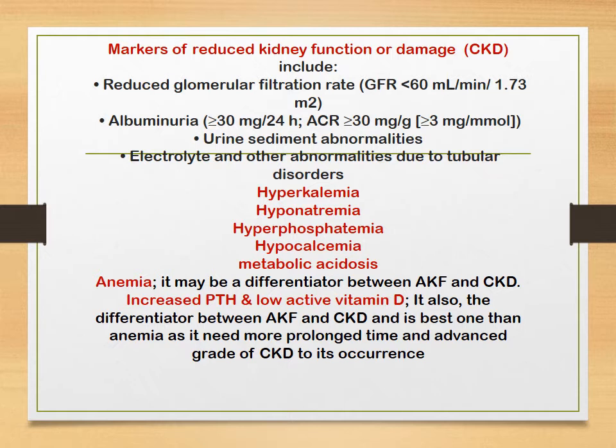Also, there is hyperphosphatemia and hypocalcemia due to the lack of response of the diseased renal tubules at the distal tubules to parathyroid hormone action and lack of the channel for reabsorption of calcium. So hyperkalemia, hyponatremia, hyperphosphatemia, and hypocalcemia may occur in both acute and chronic kidney failure.